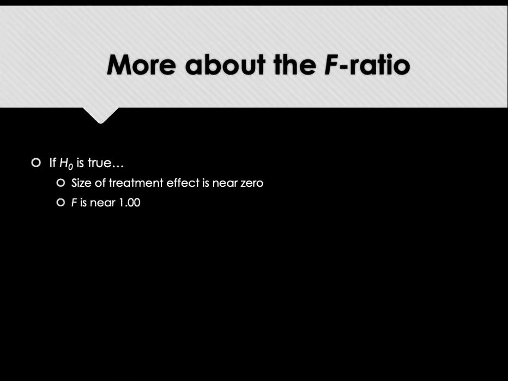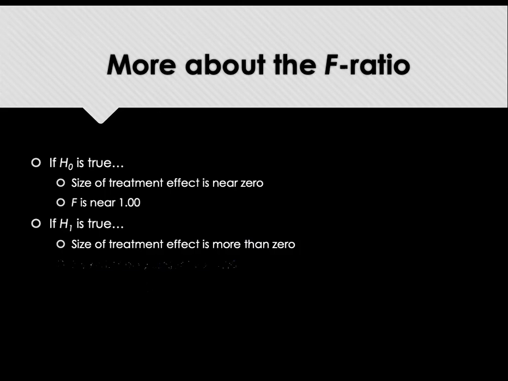And that would mean that F is very close to 1, because you'd have error divided by error. If the alternate hypothesis is true, then the size of treatment effect is more than 0. Hopefully it's a really big number, right? And F will be noticeably larger than 1.